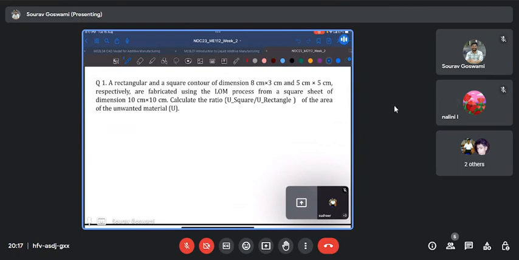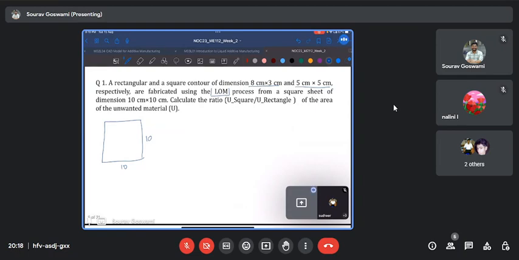So the first question actually asks us that there are rectangular and square contours of given dimensions, which are fabricated using the laminated object manufacturing process from a square sheet of dimension 10 cross 10. So we have the sheet, which is actually our feedstock, and we have two contours.